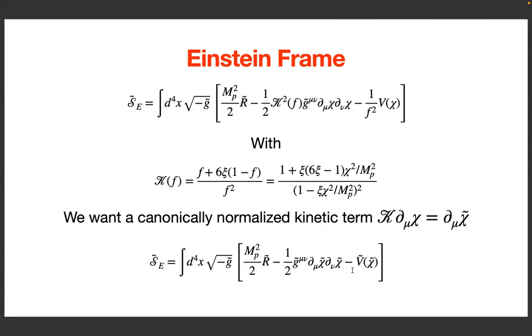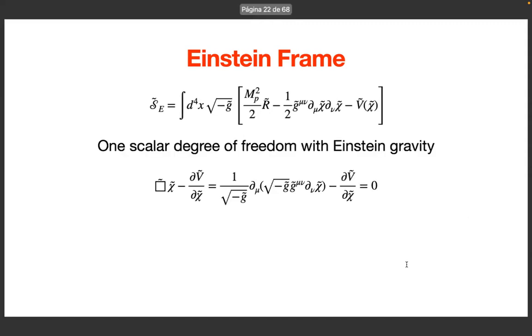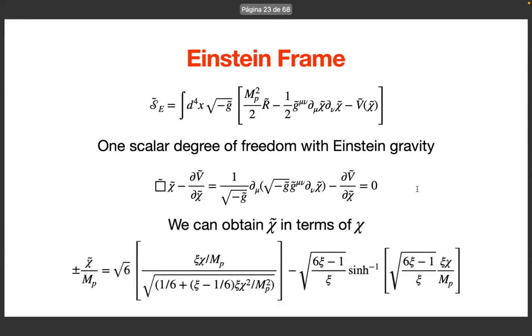But what is now the situation? I have just put things under the carpet, so let's see what those things are. I can write down the equation of motion for my non-minimally coupled field.